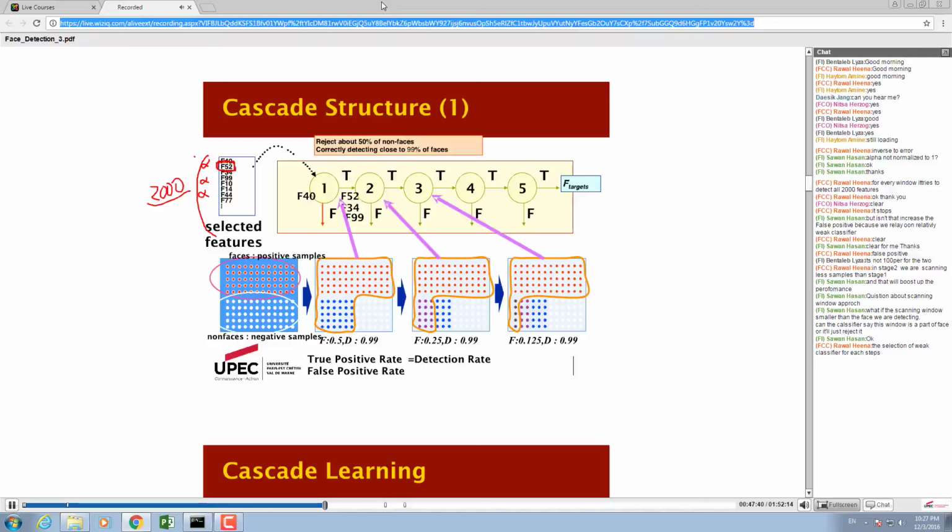F52 will be smaller than F40. F34 has the next alpha. In this way it is sorted in descending order. So among these 2,000 weak classifiers, F40 looks like the best one, F52 the second, and F34 the third.